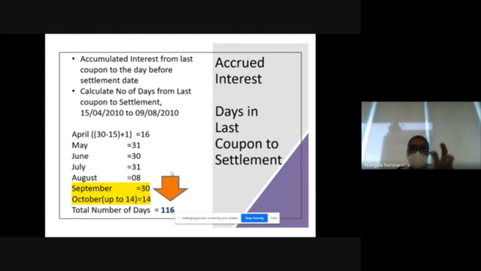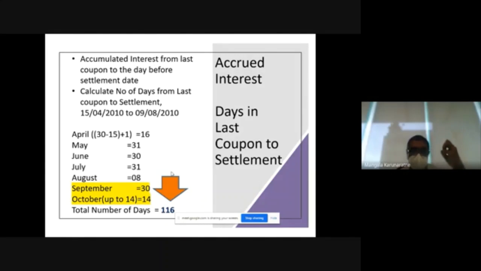Then it's clear, because the settlement day is the day we transfer ownership to the buyer. From that day onwards, the interest belongs to him, not to me. So up to the day before settlement, the interest I should get.